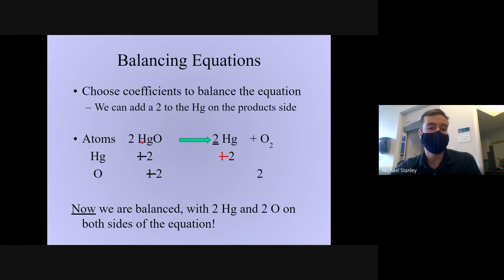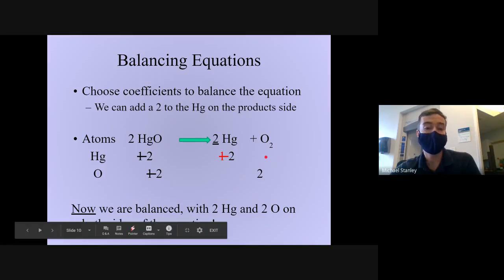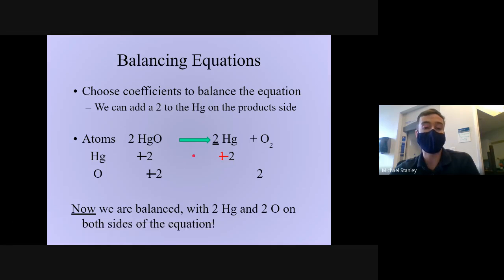I have 2 Hg's on the reactant side and 2 Hg's on the product side. So those are balanced. I have 2 O's on the reactant side and 2 O's on the product side. So those are balanced as well. So since the Hg's are balanced and the O's are balanced, now we have a fully balanced chemical equation.